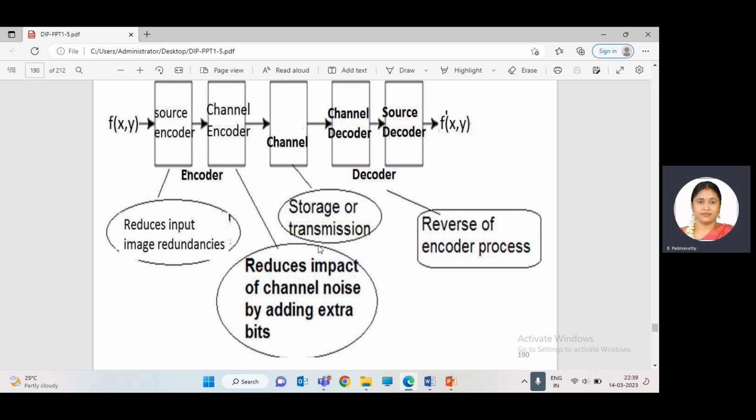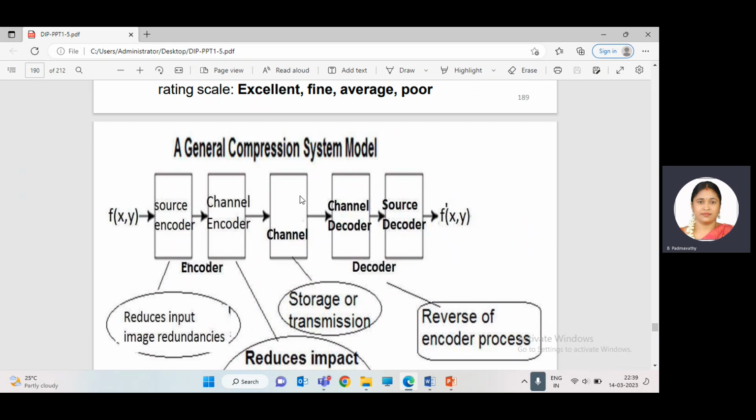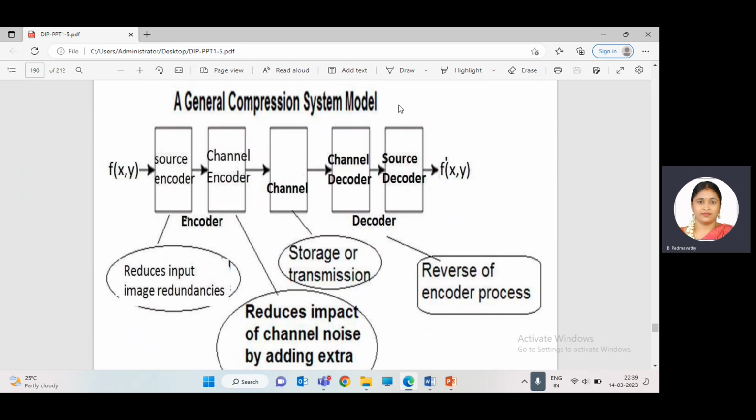The channel is used for storage purposes, and this reduces the impact of channel noise by adding protection bits, which are called extra bits. And here the reverse process of the encoder is done. So this topic completely covers the general compression system model.